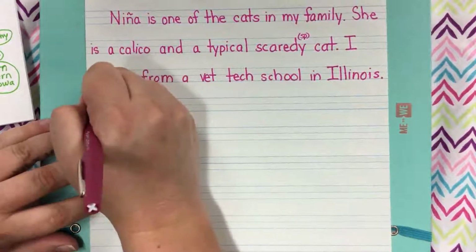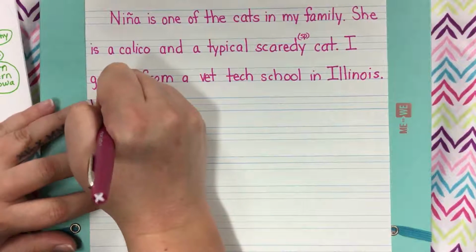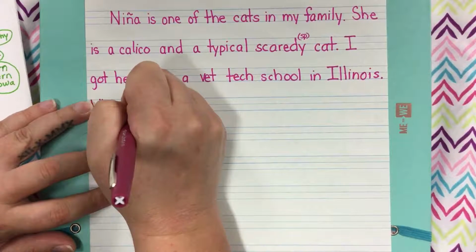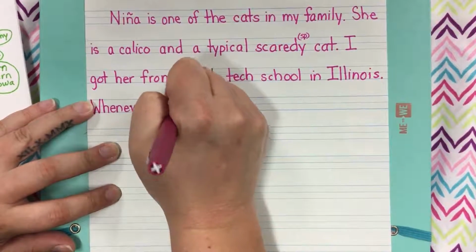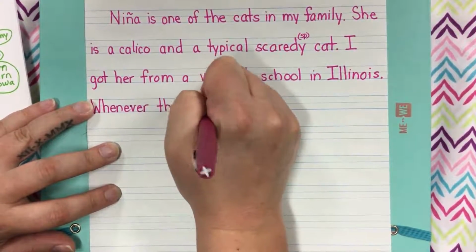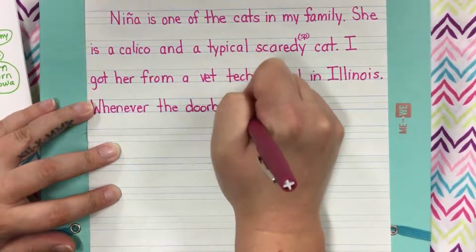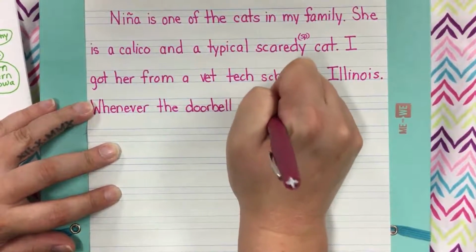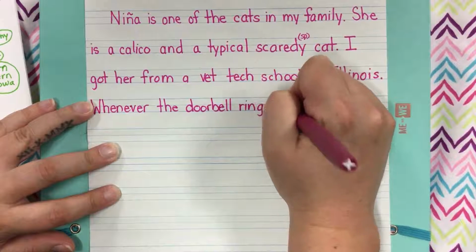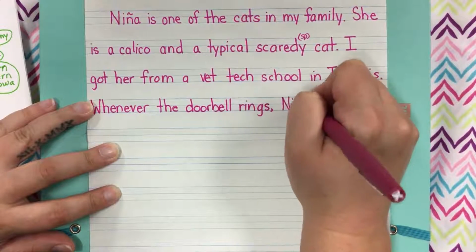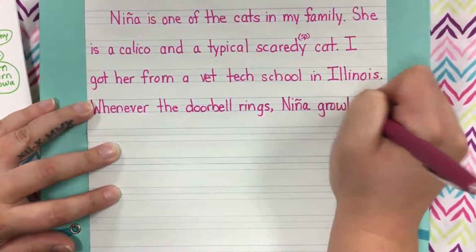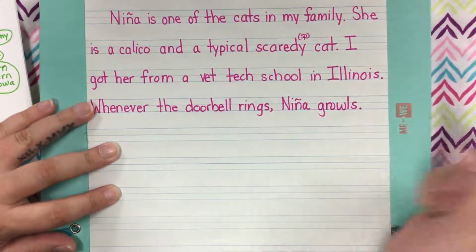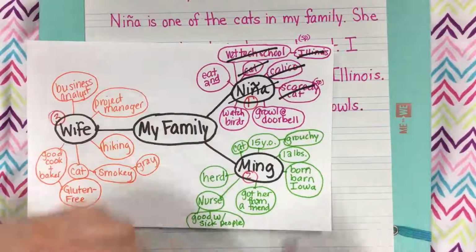So I can say, whenever the doorbell rings, comma, Nina growls. Okay, so I can go ahead and cross that one off.